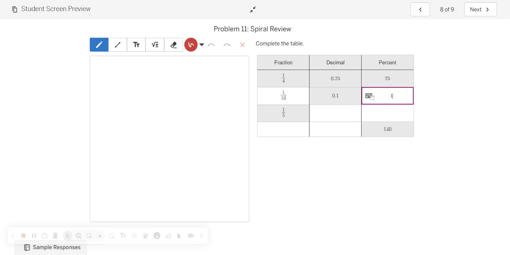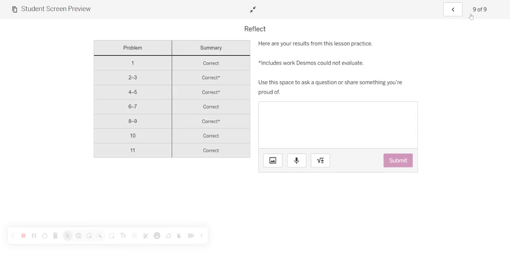As a percent, that would be 10%. 1/5 is 0.2, and that is 20%. 140% would be 1.4 as a decimal, and it would be like 14 over 10, or 140 over 100, or 7 over 5, all of those. And there we go. Other than that one, because I was thinking it was in 4 parts instead of 3, we're all set.